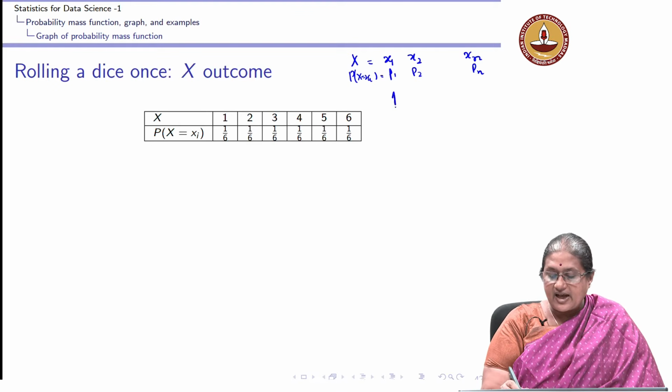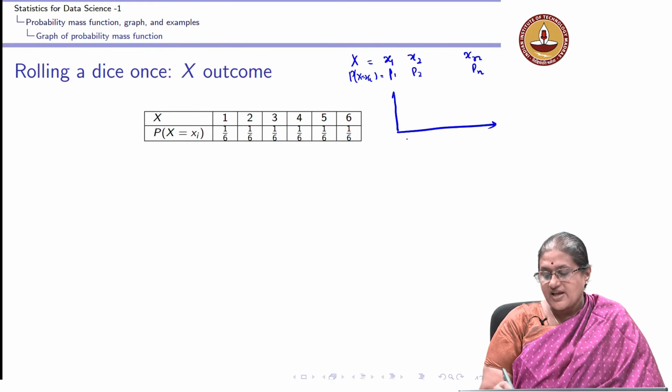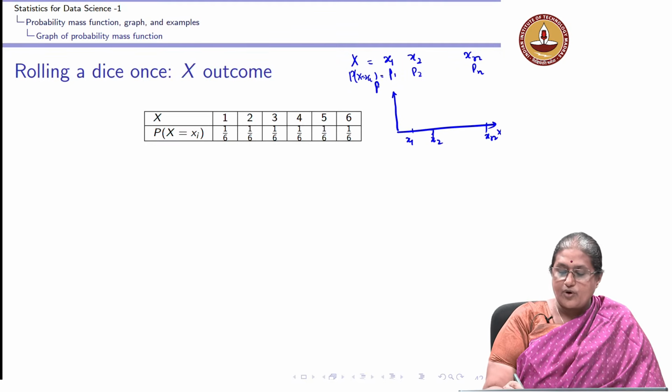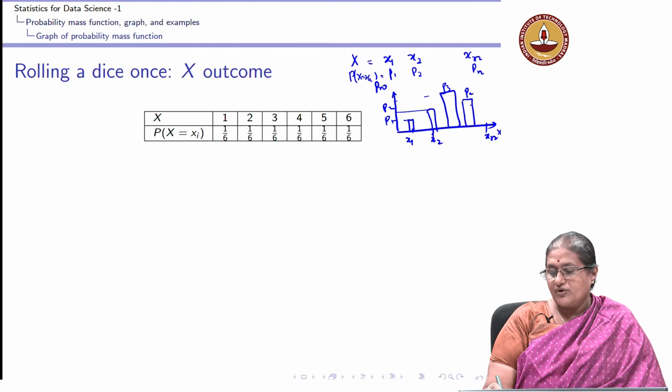Then the graph which plots x1, x2 and xn on the x-axis and the probabilities, that is, this would be corresponding to P1, this could be P2, this could be P3, and this could be my P4 and so forth.